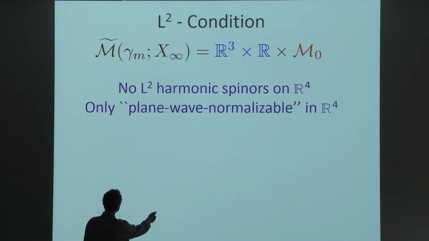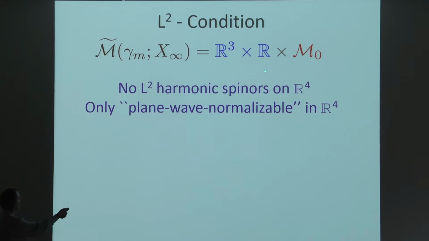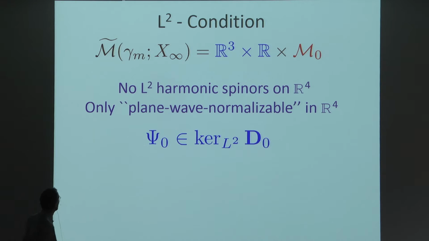Well, the point is, there are no L2 harmonic spinors on R4. So it would be wrong to put an L2 condition, and of course that's physically reasonable. We're describing particles. They're only plane wave normalizable. On the other hand, we certainly want the L2 kernel of the relative Dirac operator. We don't want plane waves in this relative space, which is also non-compact.